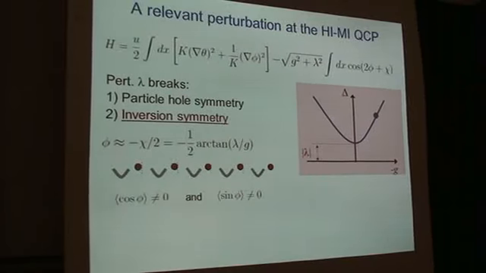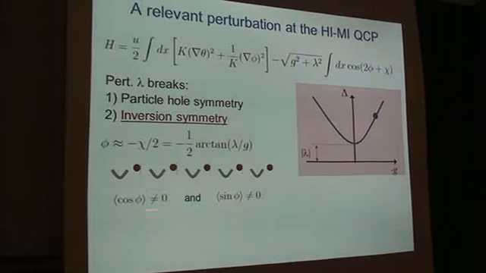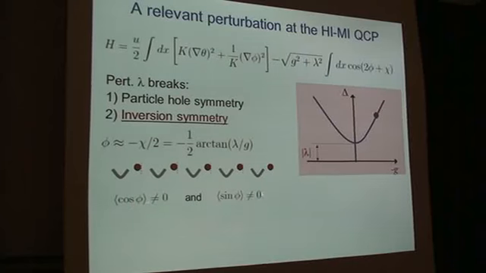And that slowly changes the displacement field of the particles. And now, in this situation, both cosine phi and sine phi, both the parity and the string order parameters, gain a non-zero expectation value. Another way to think about it, in terms of what I told you before, we have paired particle hole fluctuations. That's the cosine phi being non-zero, but these pairs are now oriented. They're like oriented dipoles.